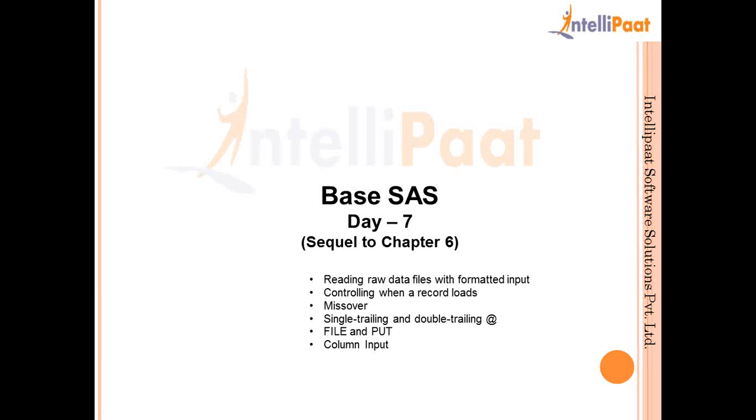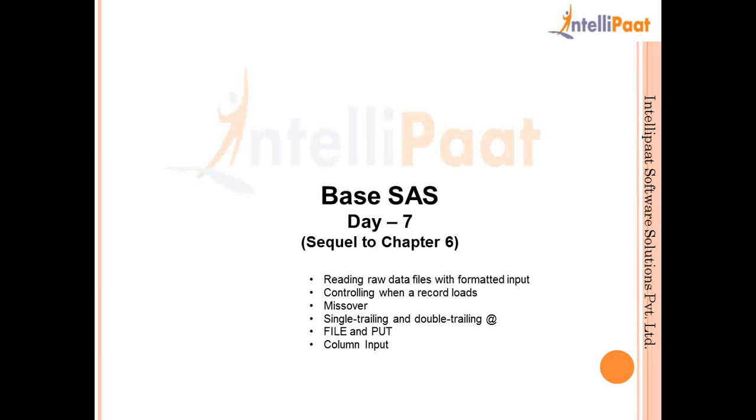data files with formatted inputs, and how to control the record loads when data is being fetched from raw data files to SAS. Then we'll talk about options like Missover, single trailing and double trailing, what these mean.